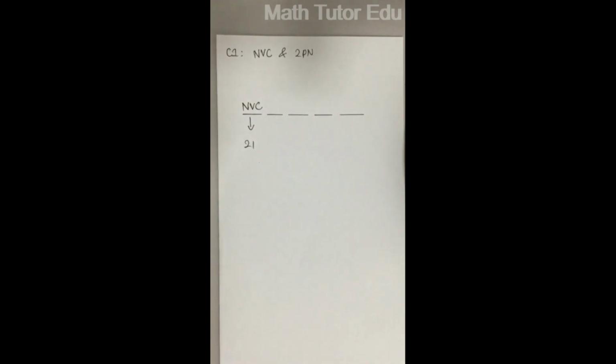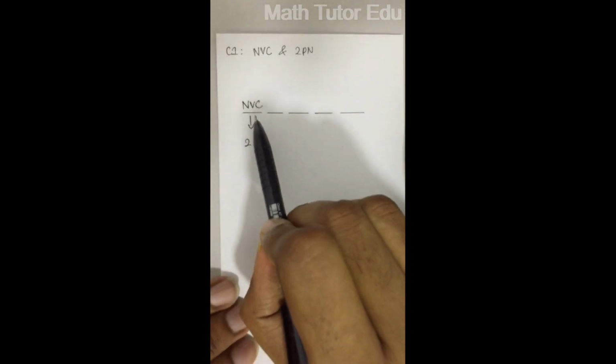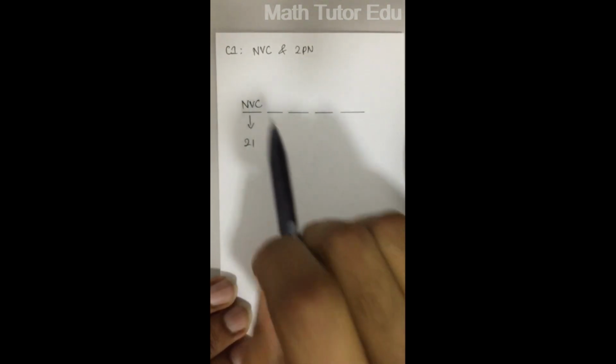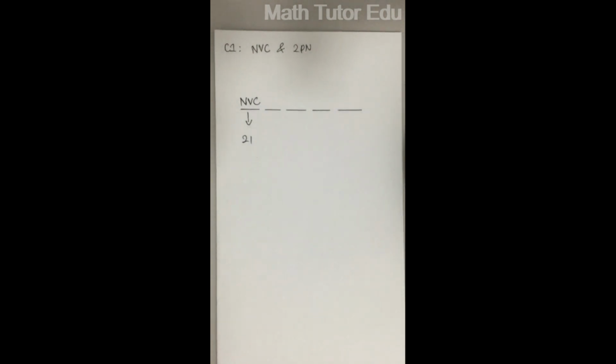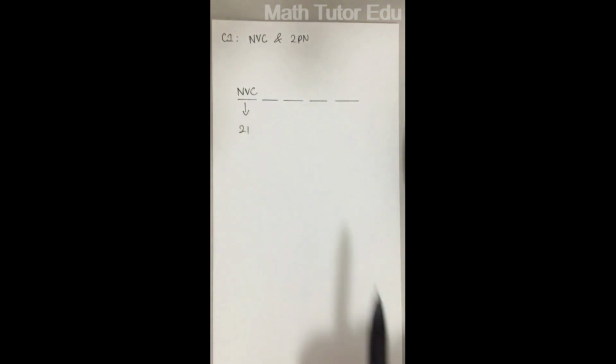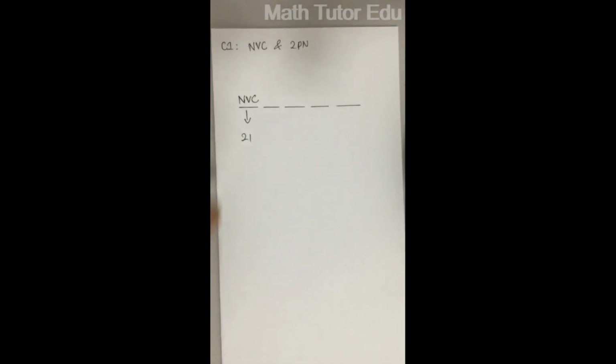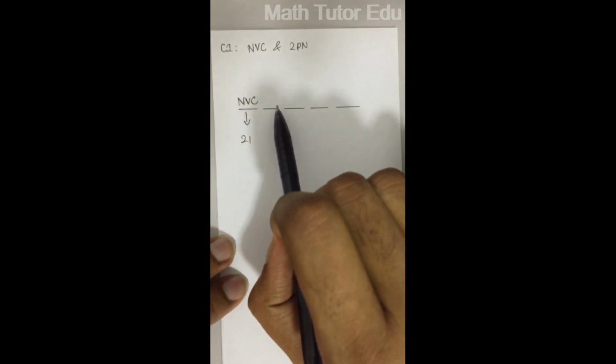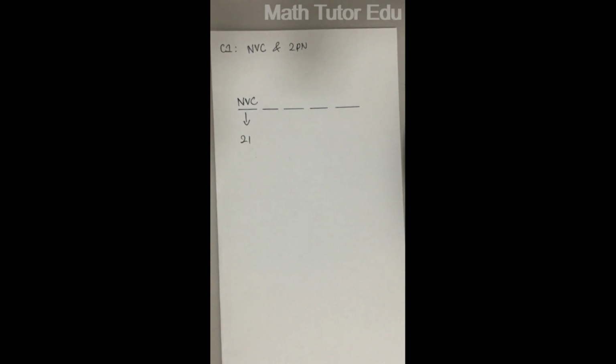Pay attention carefully. In your first character, you're placing a non-vowel capital letter. How many non-vowel capital letters do you have? You have 21, we have just calculated, right? So that's why you place the 21 outcomes over here. We're done with the first character. For the second one, you need to be followed by at least 2 prime numbers placed adjacently. That's why you have case 1 over here.